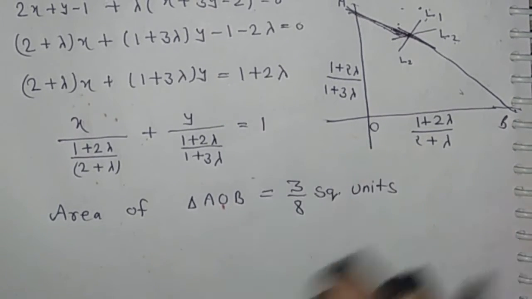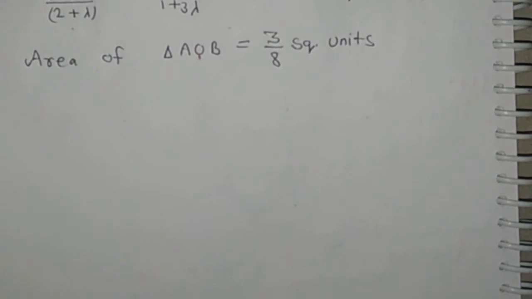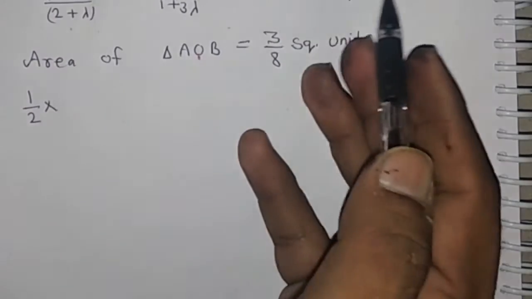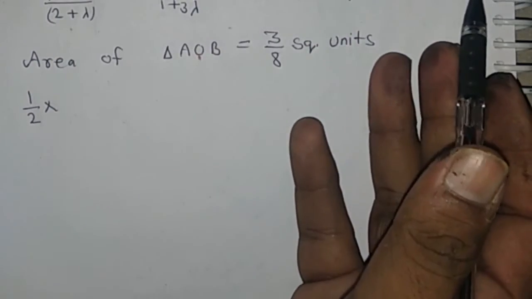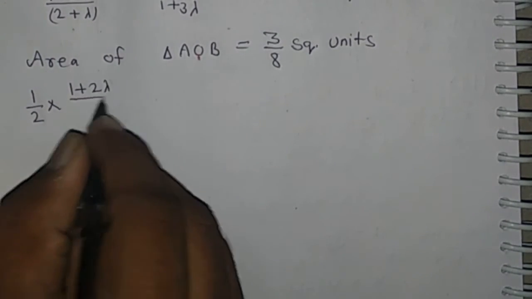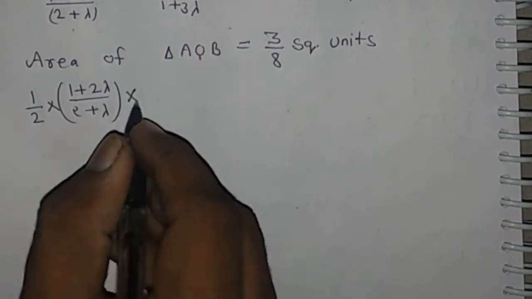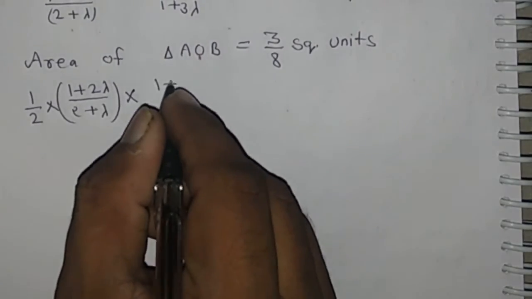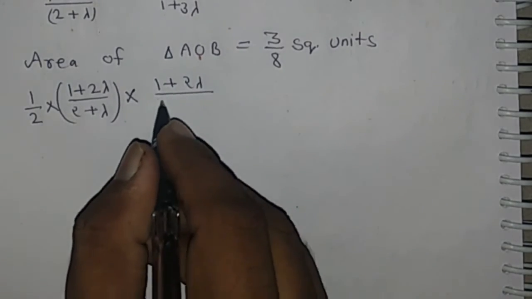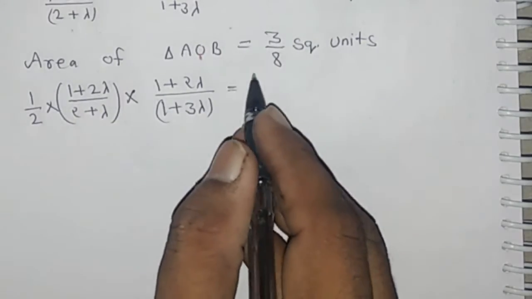Now the area of triangle AOB can be obtained by 1/2 base into height. The base is OB, meaning the intercept on the x-axis, which is (1 plus 2 lambda) by (2 plus lambda), into the intercept on the y-axis, which is (1 plus 2 lambda) by (1 plus 3 lambda), equal 3/8.